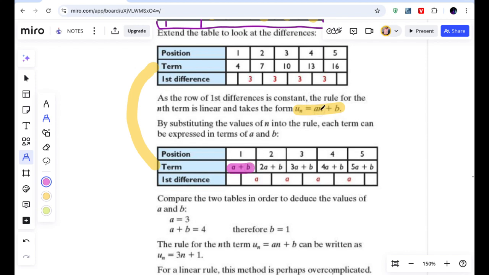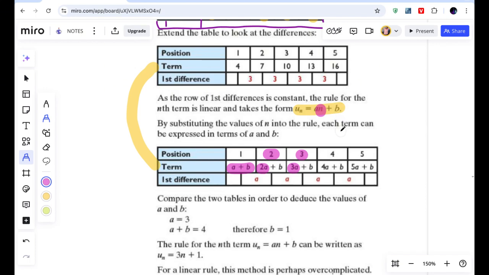Now I come back to this function. For position 2, my n is 2. So 2 times a, I get 2a, plus b. The b is a constant, so you just say plus b. For position 3, n is 3. 3 times a, I get 3a plus b.